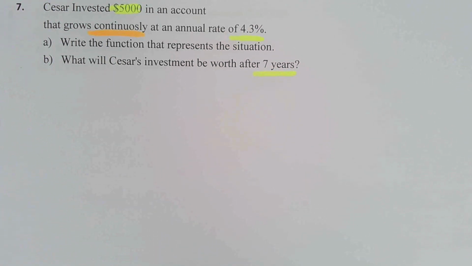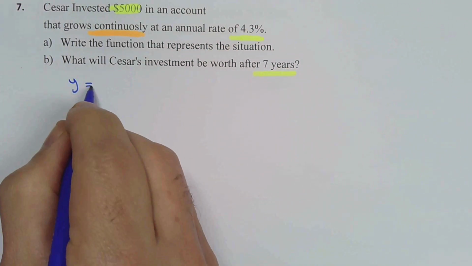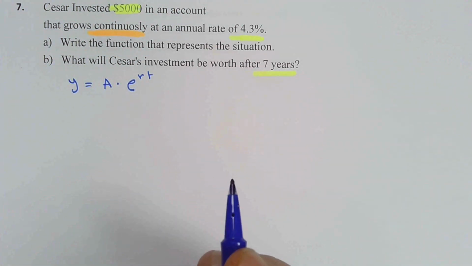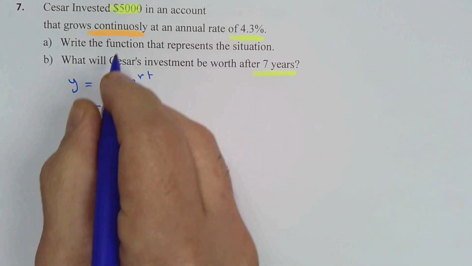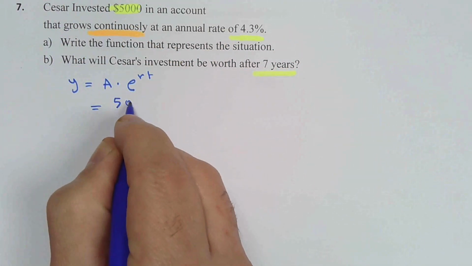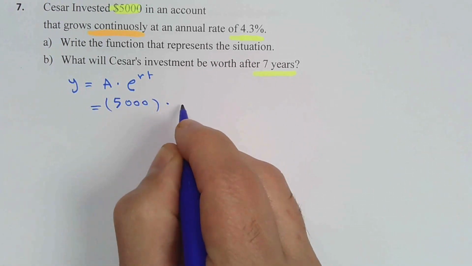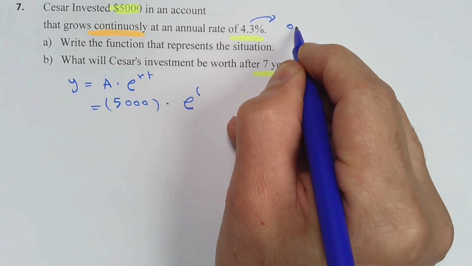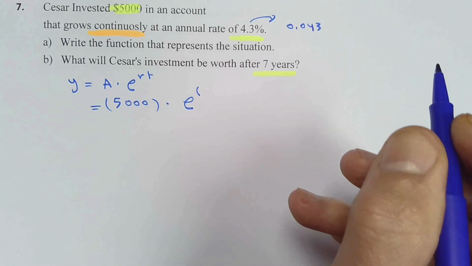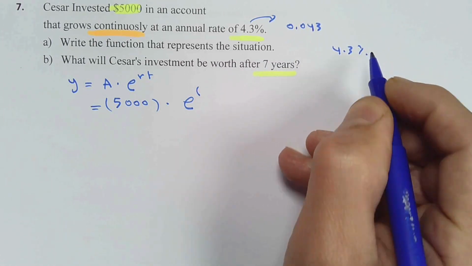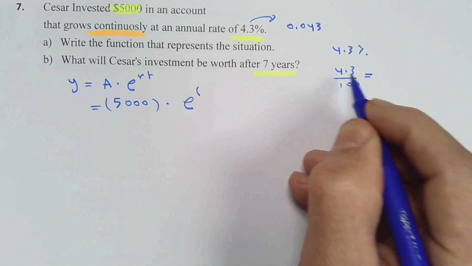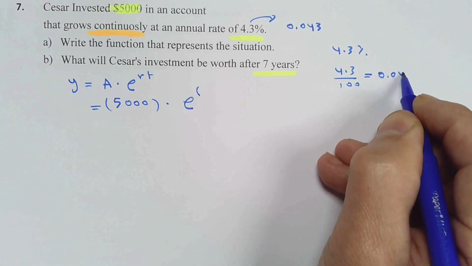Part A says write the function that represents the situation. So we have y equals a times e to the power rt, and r has to be in decimal form. So we have a, the initial amount, 5,000, multiplied by e to the power r is 0.043, because 4.3% is 4.3 over 100, and the decimal gets moved to the left 2 places, which is 0.043.